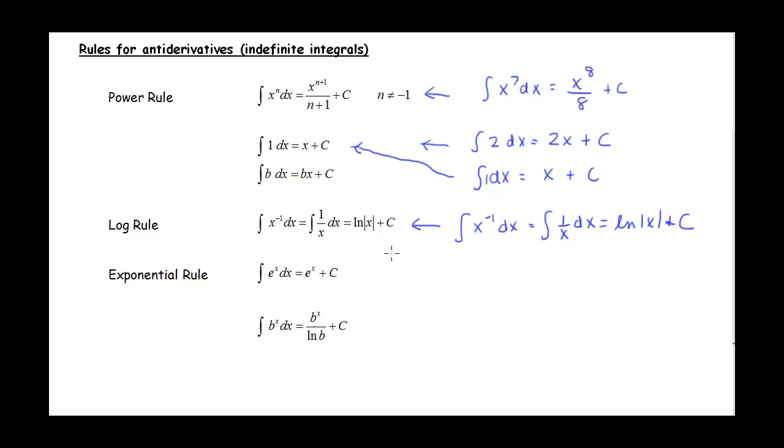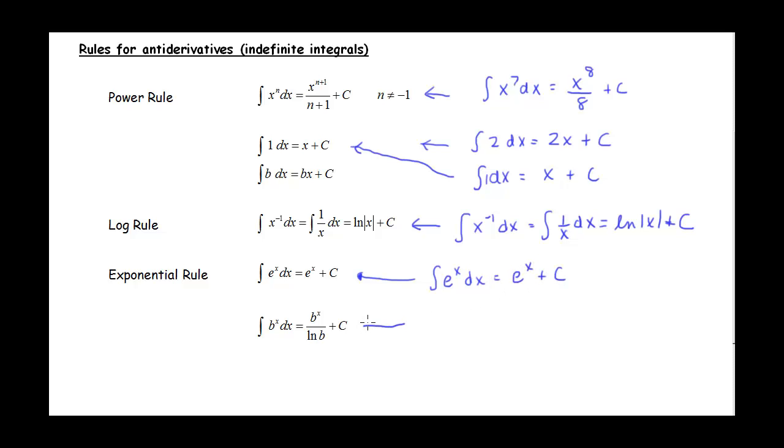So the antiderivative of x to the -1 is the natural log of absolute value of x plus c. Moving on to the exponentials. Remember, when we took the derivative of e to the x, we just got e to the x. So the antiderivative of e to the x is just going to be e to the x also.